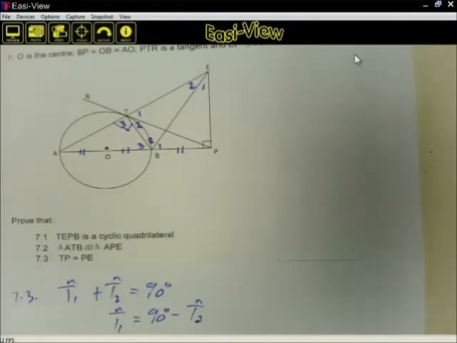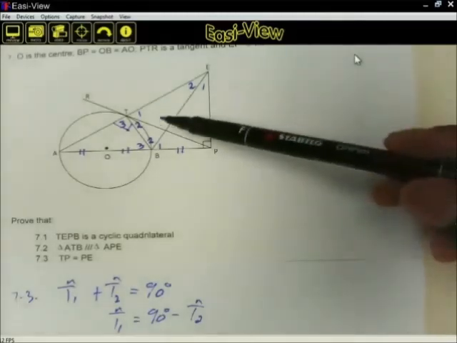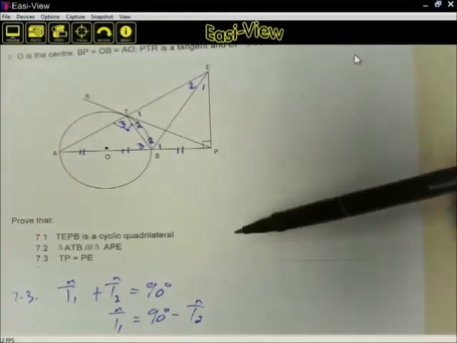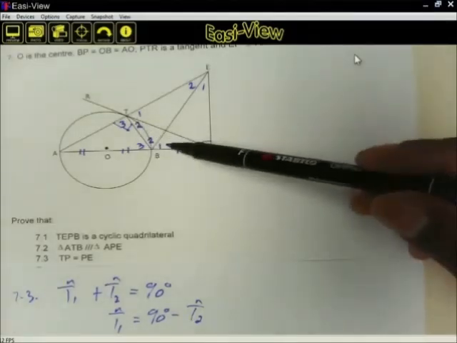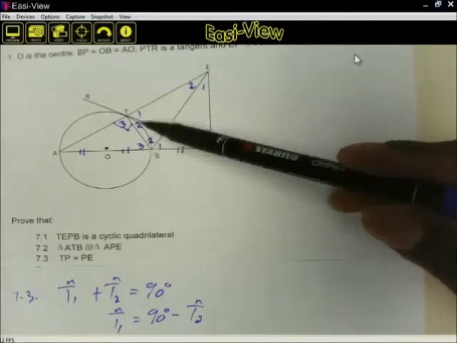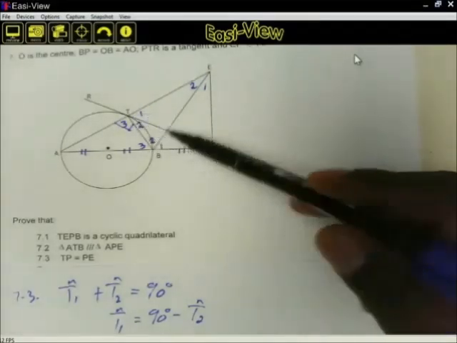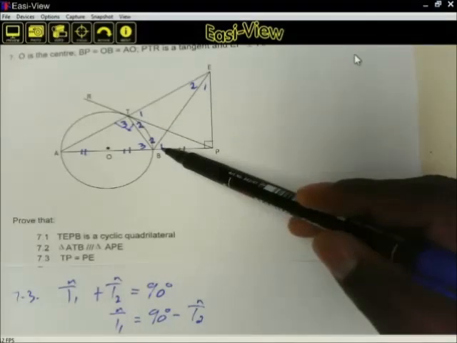Check T2. 90 degrees minus T1 is equal to 90 degrees minus T2. And remember, because we have proven that TEPB is a cyclic quad, T1 is also equal to B1.